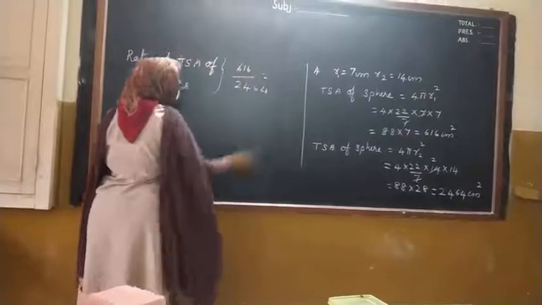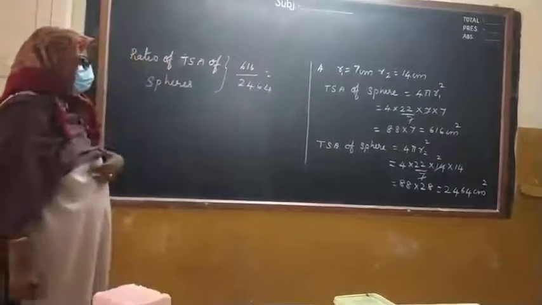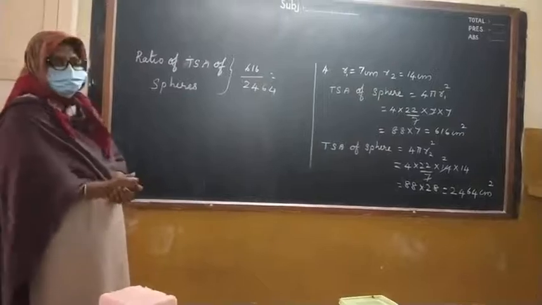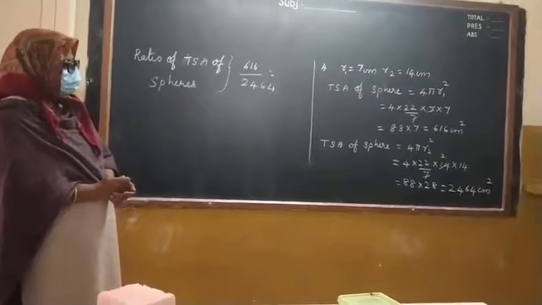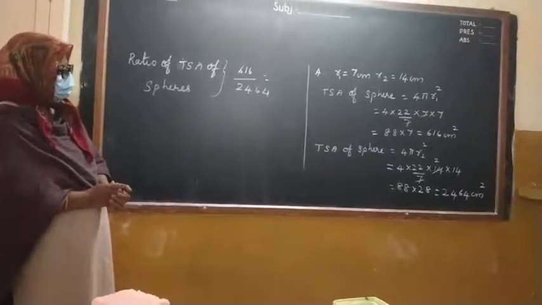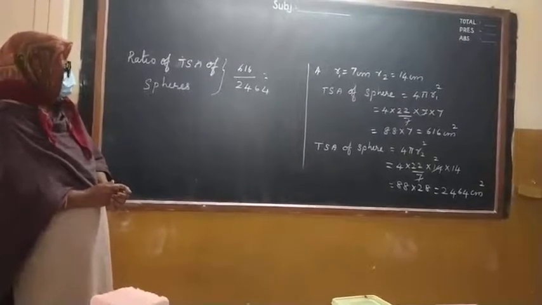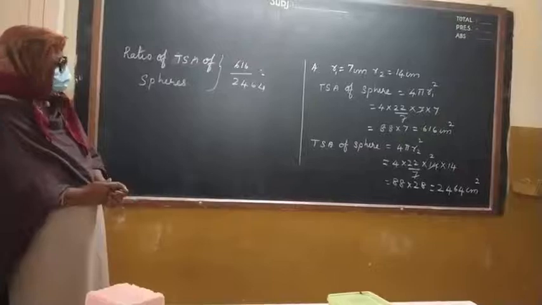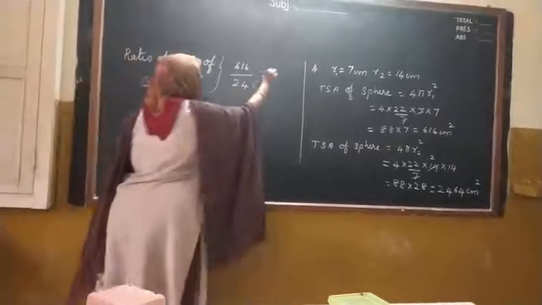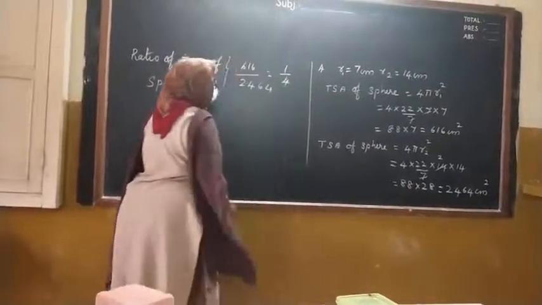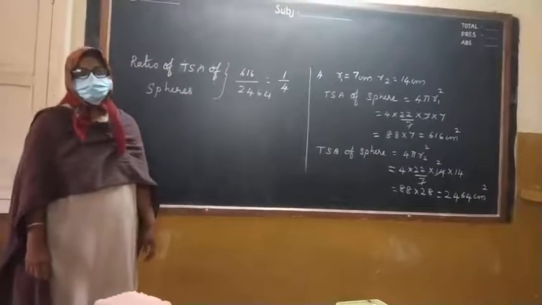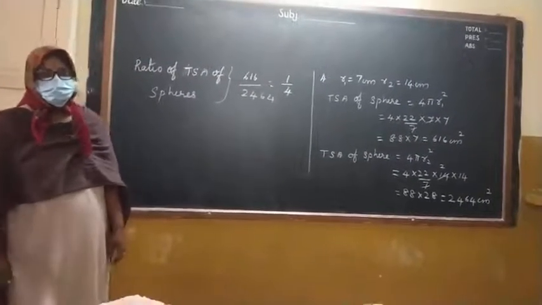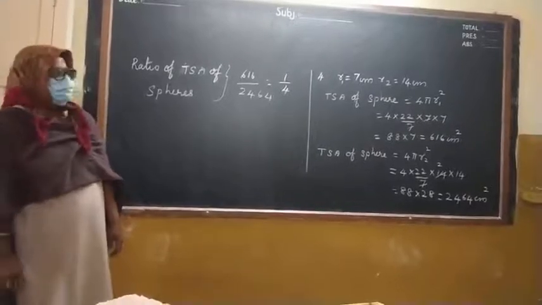I think it is 616 multiplied by 4. Yes. So the ratio is 1 is to 4.